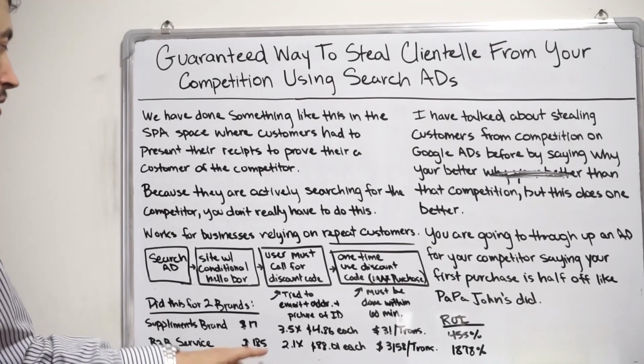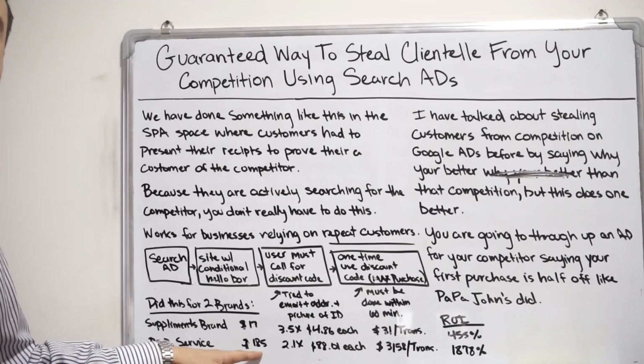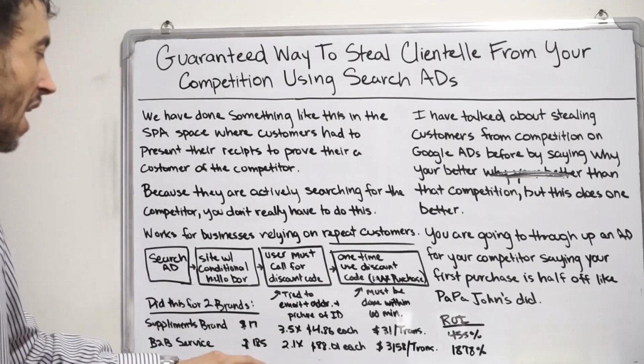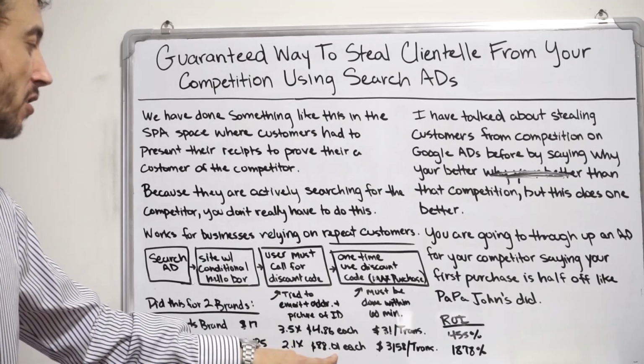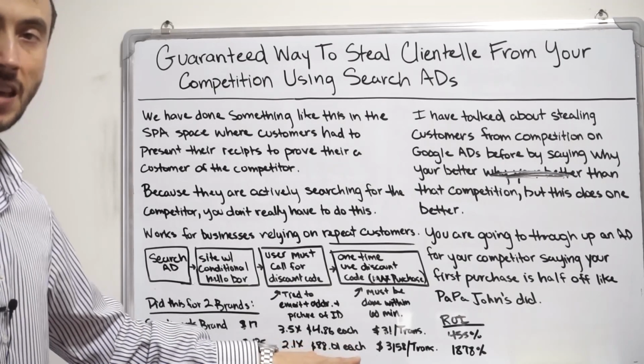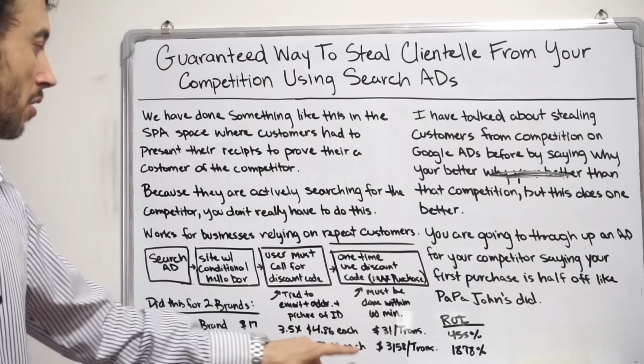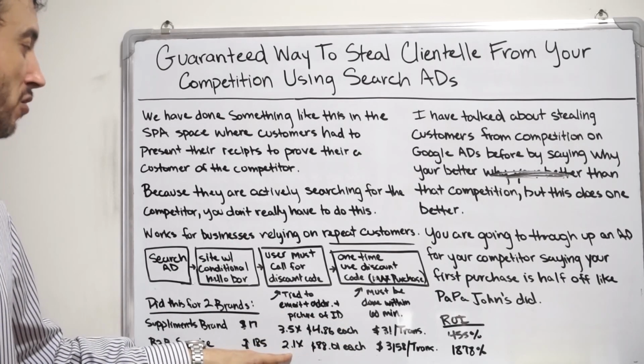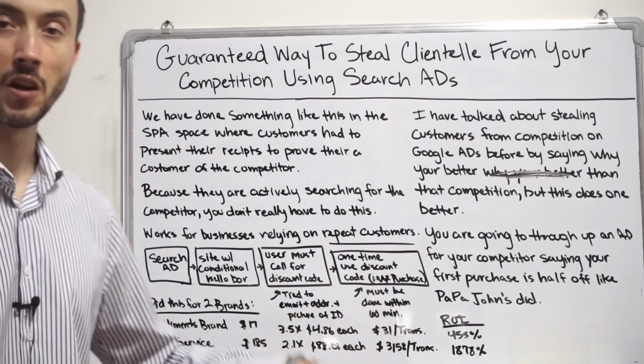So the $185 cost to acquire them for that initial purchase actually works out to only roughly $88, or $88.01 per transaction, when you factor in each person averages 2.1 transactions with the firm.